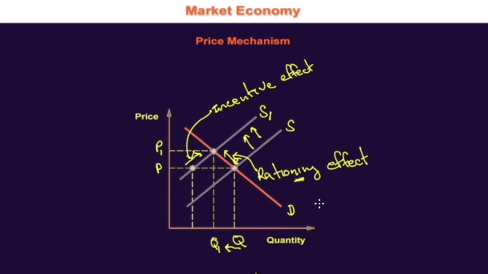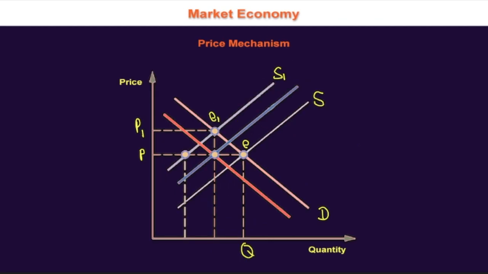As you can see here, the rationing effect happens on the demand curve D because it affects the consumers, and the incentive effect happens on the supply curve because it affects the producers.